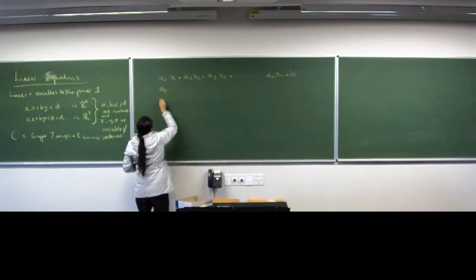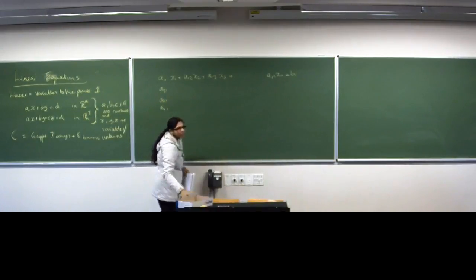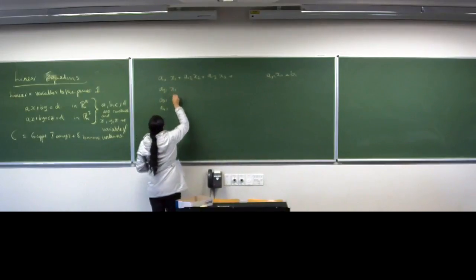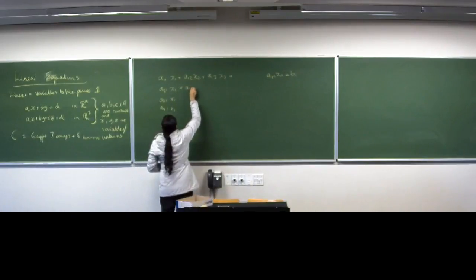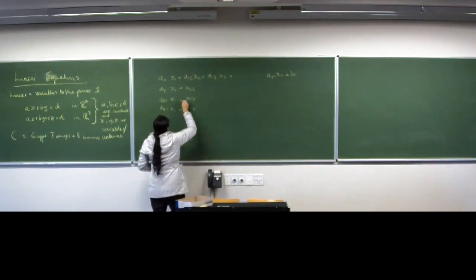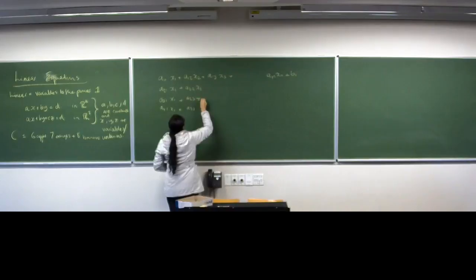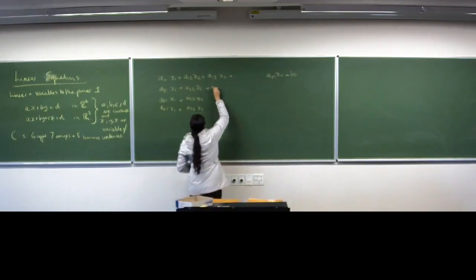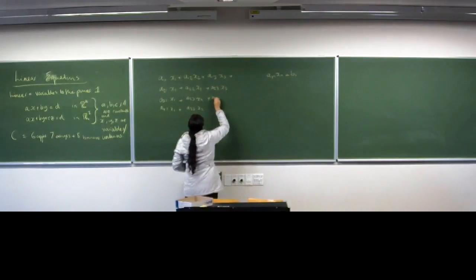We can do another row, another row, another row. And we can fill this whole board with equations. So you get the idea. A23x3, A43x3.